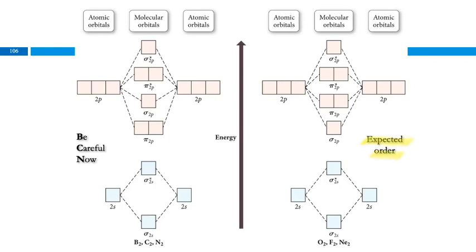So this is normal. There's our s, and made a sigma and a sigma star. And here are three p orbitals. We're going to get two of them that overlap and form a sigma bond, sigma orbital, and a sigma star. And then the other two that are going into the screen and up and down do a side-to-side thing and make pi molecular orbitals. So there's two of those bonding and anti-bonding.